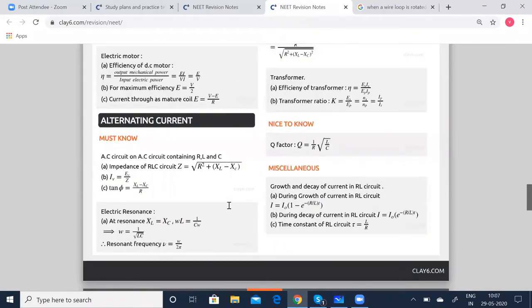Now coming to alternating current. AC circuit containing R, L and C, where R stands for resistance, L for inductance and C for capacitance.